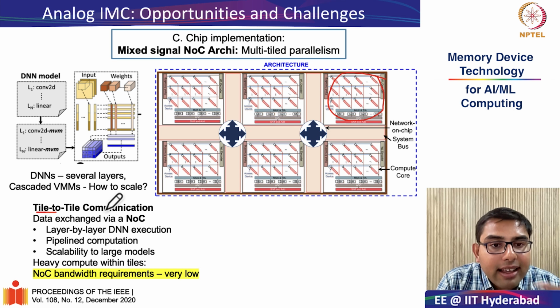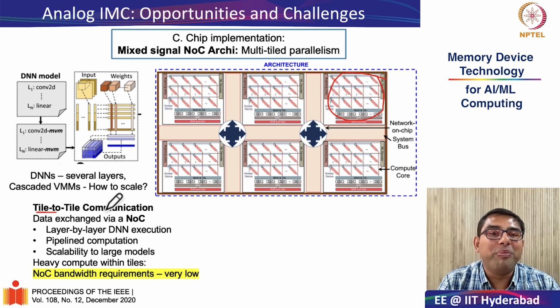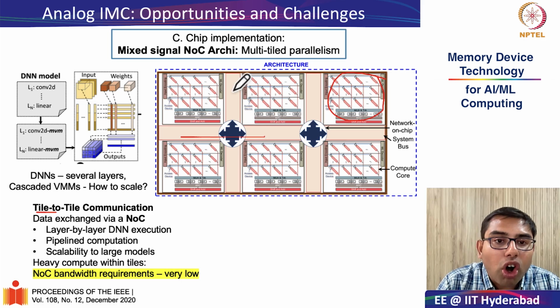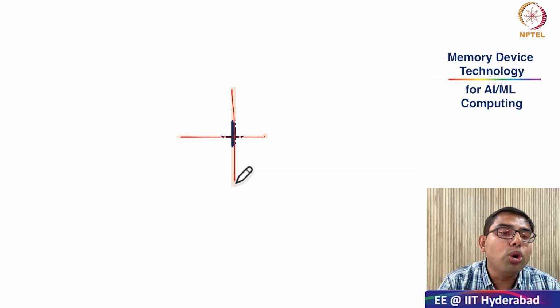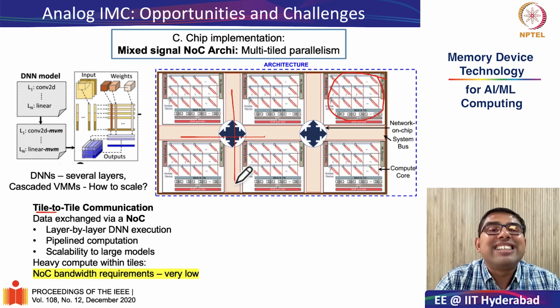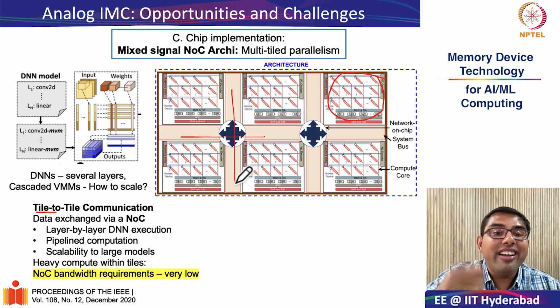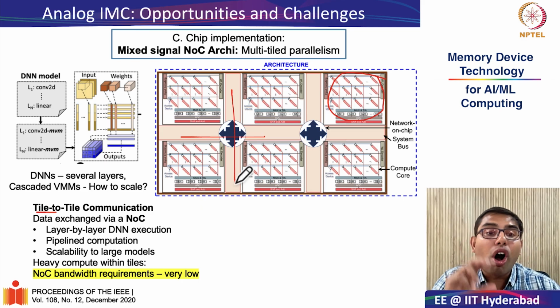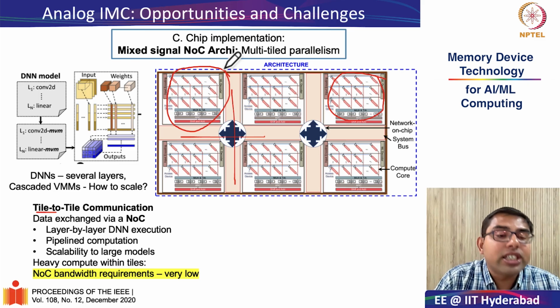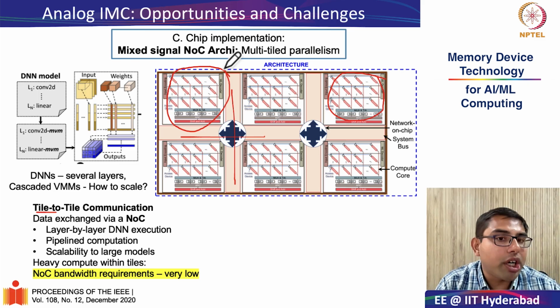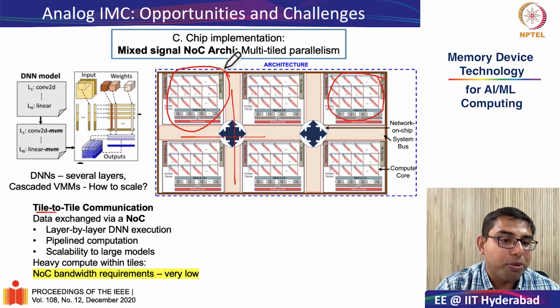Here the data, which is in digital form, is exchanged via this network on chip, and this allows you to have scalability to larger models by doing a layer by layer execution of deep neural networks. And this pipelined form of computation really helps in achieving scalability to large models.